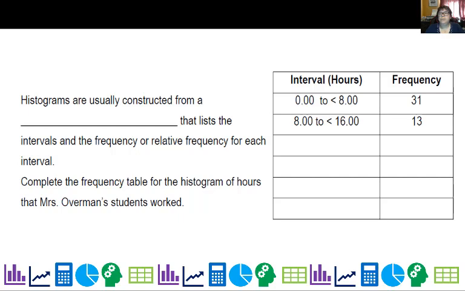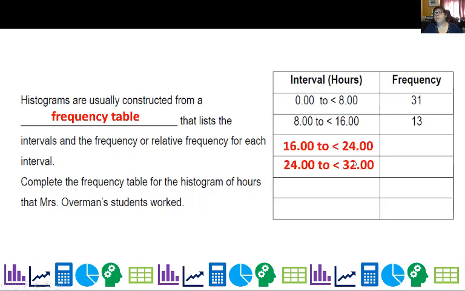So histograms are usually constructed from a frequency table, and here's where I started. This is a frequency table for a continuous set of data. So I go 0 to almost 8, 7.9999, etc. Then 8 to almost 16, and then 16 to almost 24, 24 to almost 32, 32 to almost 40, 40 to almost 48.